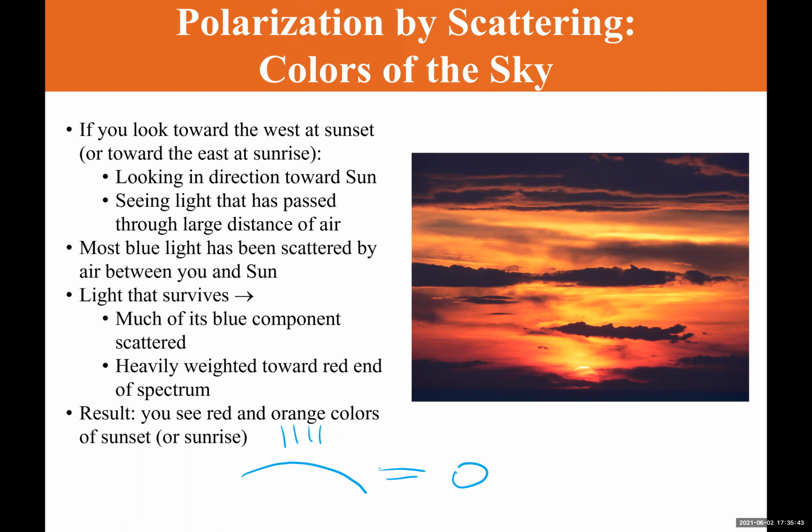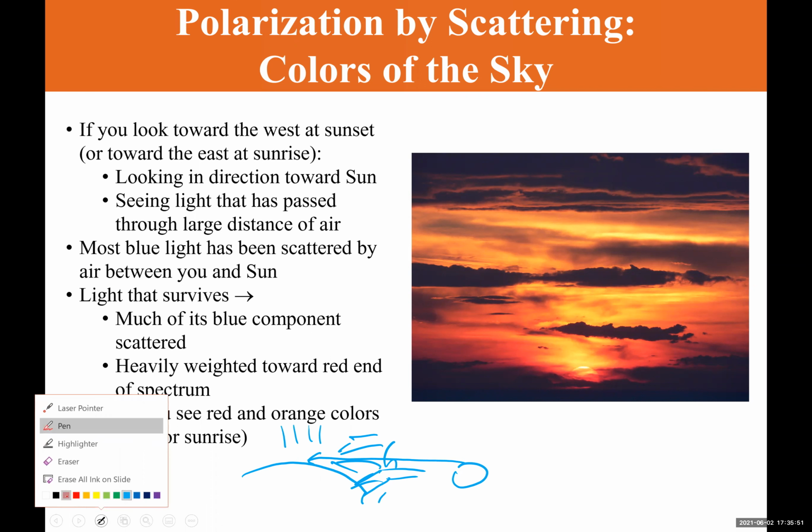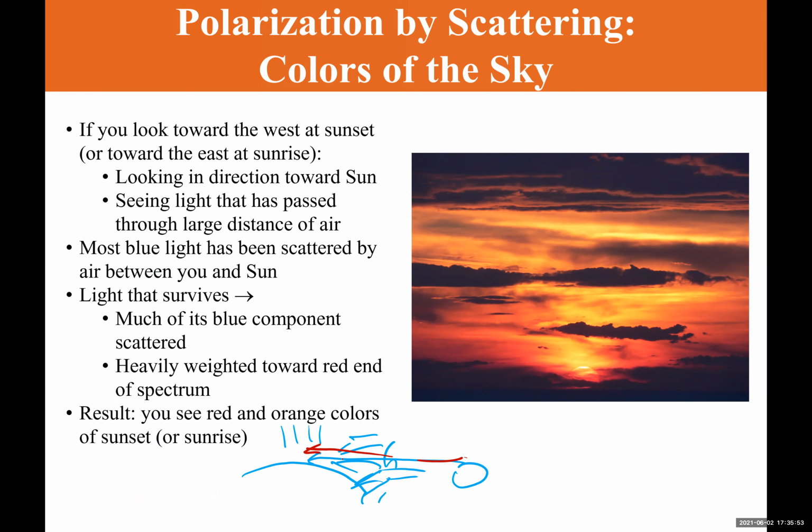So the blue is mostly scattered off in other directions, but the red moves toward you. That means what you see is now dominated by red, because most of the blue is scattered somewhere over here, and you only see more red than blue.